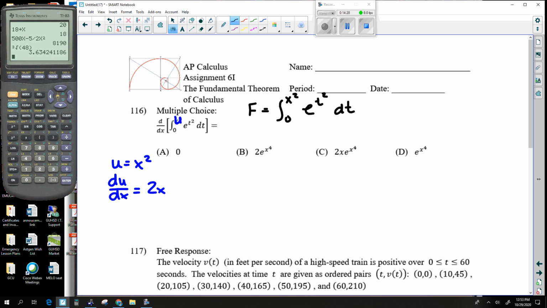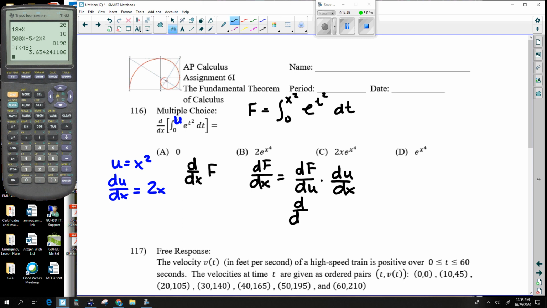So ultimately what I'm going to be doing is I'm going to take df dx. df dx is going to be equal to df du times du dx.